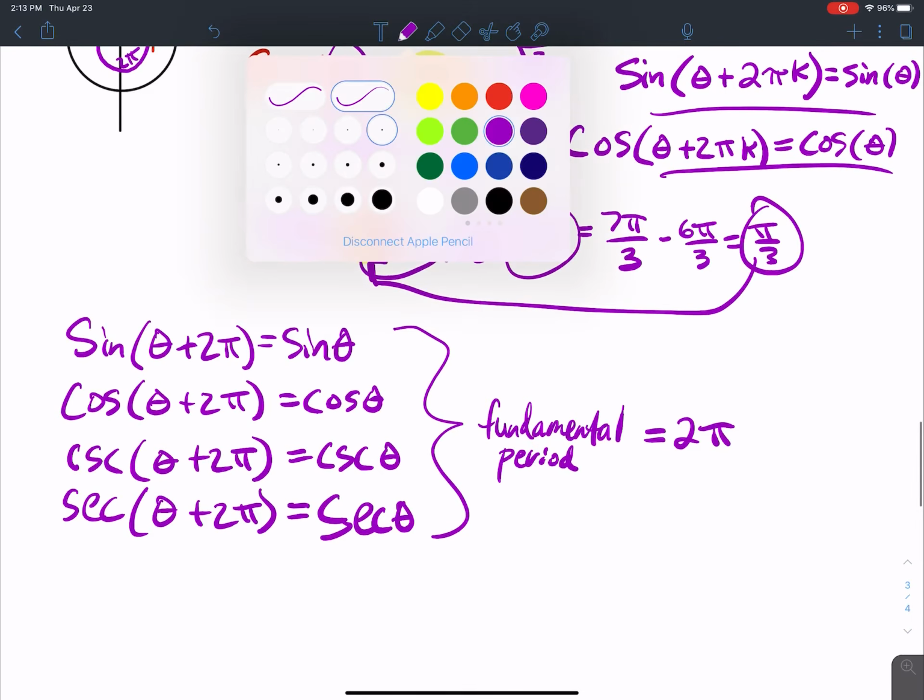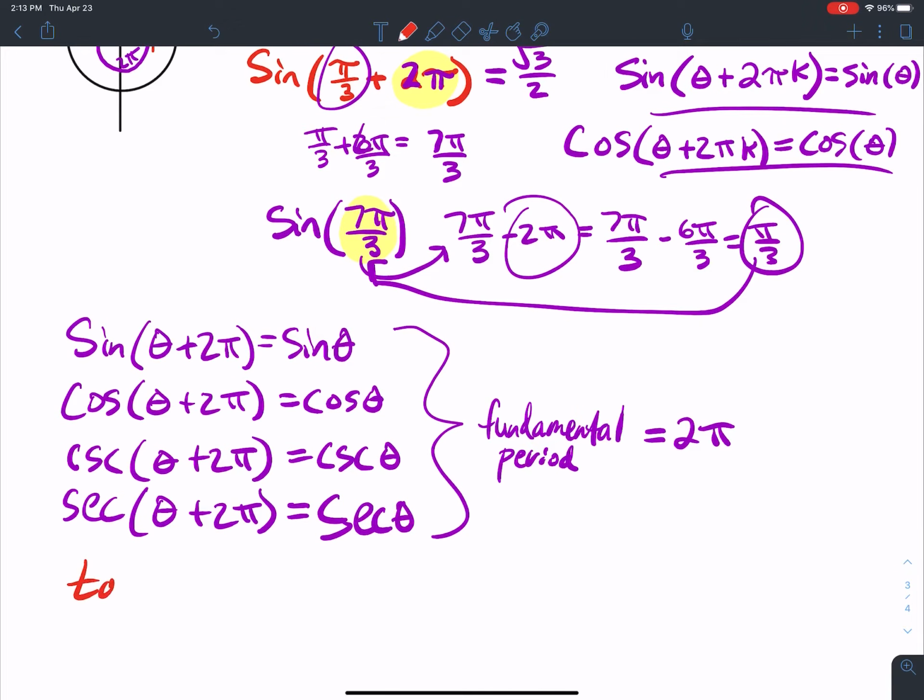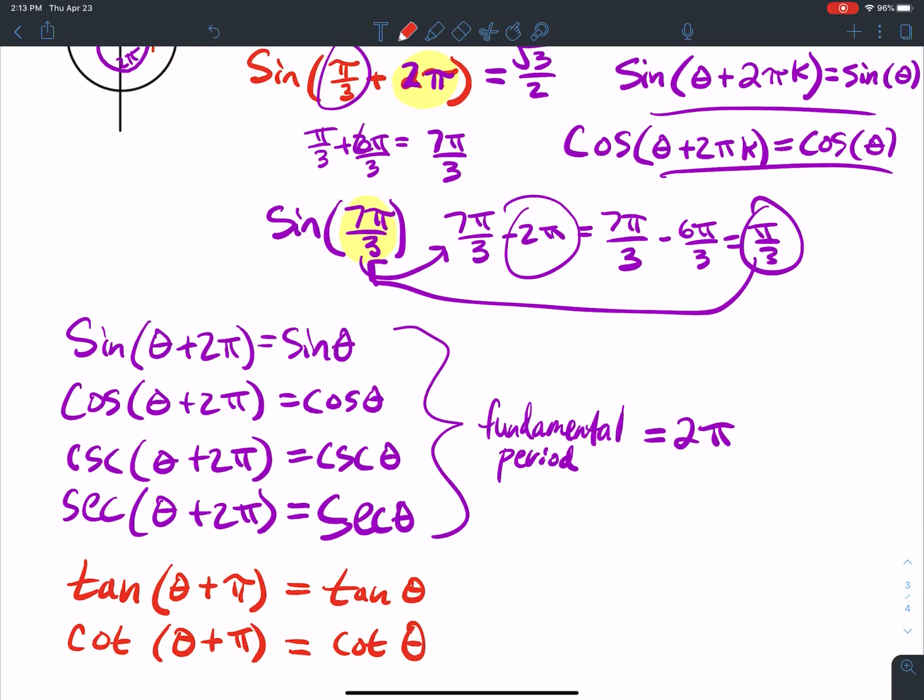And then the last is the tangent of theta plus pi equals tangent theta. I'm sorry, theta, not pi, tangent theta. And then the cotangent of theta plus pi is equal to the cotangent of theta.